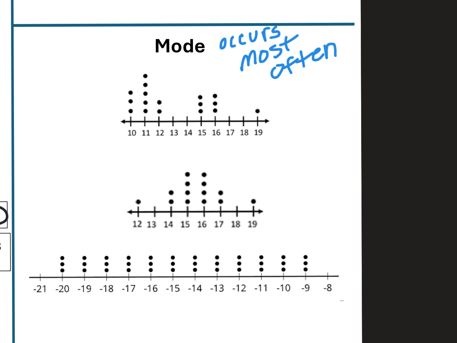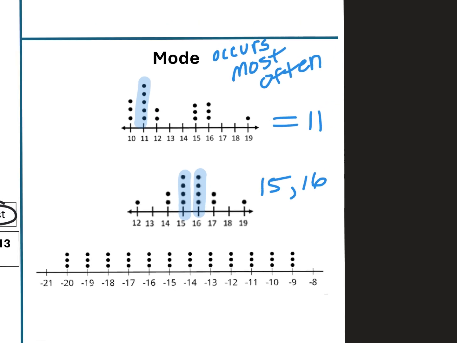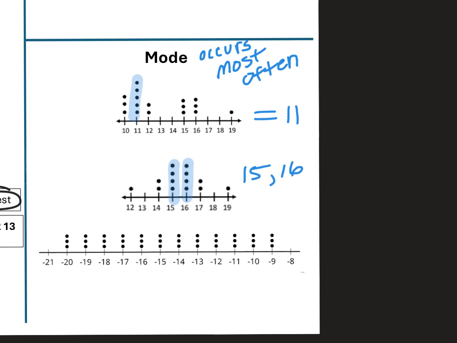So in this case, our mode would be 11, because 11 is the number that turns up more than all the other numbers. In our next example, we actually have two modes because 15 and 16 occur more often than everything else.